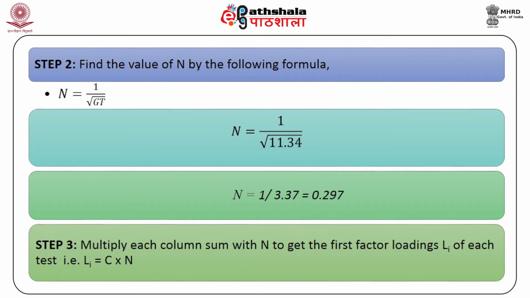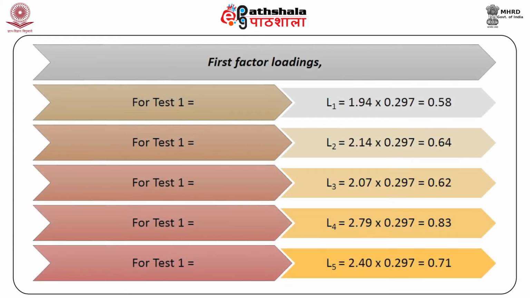The third step is to multiply each column sum with n, which we got in step 2, to get the first factor loading L1 of each test, that is Li equals C times n. The first factor loadings for tests 1, 2, 3, 4 and 5 are found to be 0.58, 0.64, 0.62, 0.83 and 0.71 respectively.